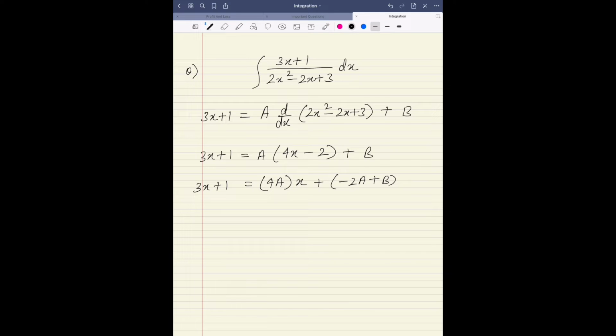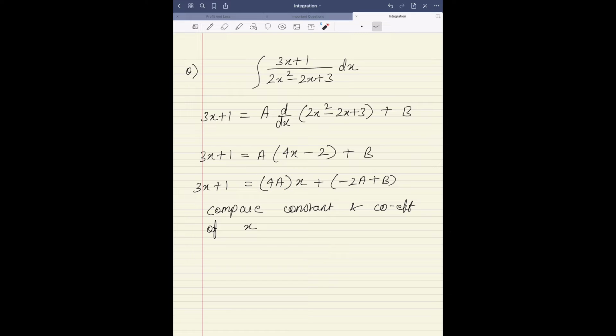Now we have to compare constants, or I should rather say constant and coefficient of x. I have explained what coefficient means in my last video. Coefficient is nothing but the number multiplied with the variable.